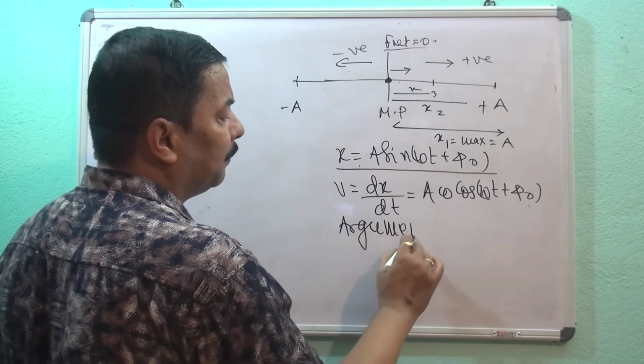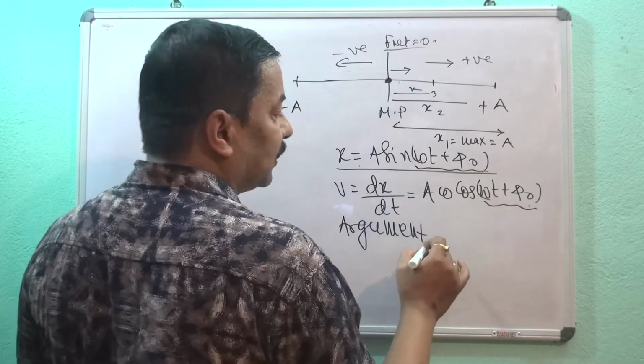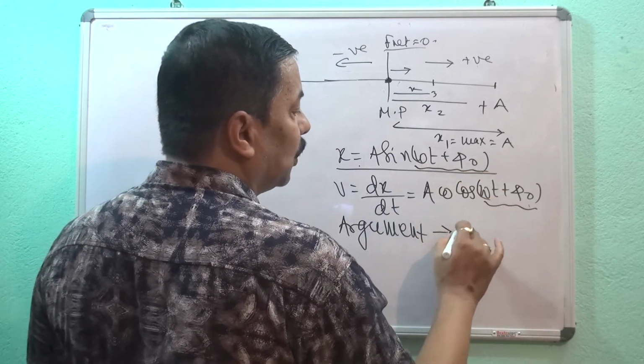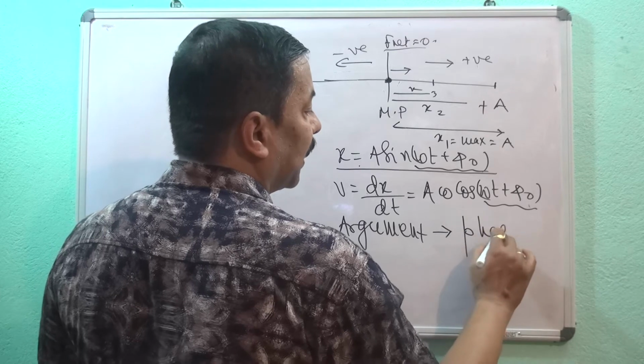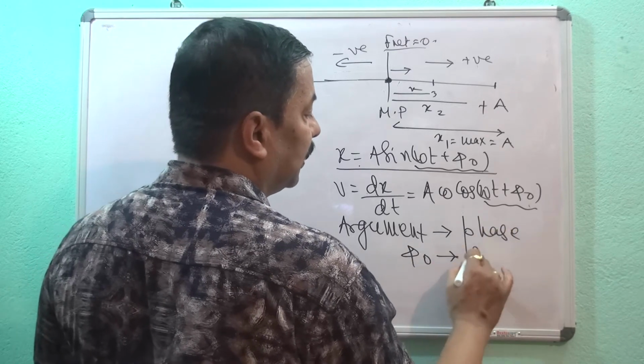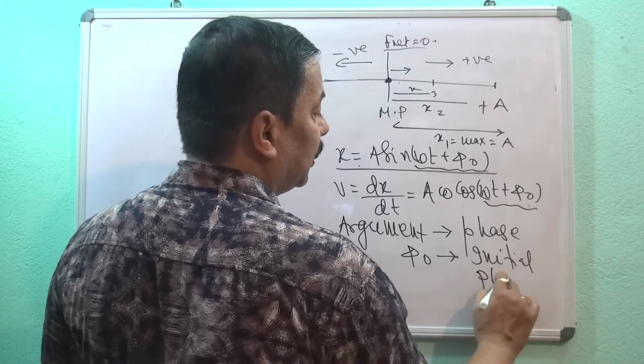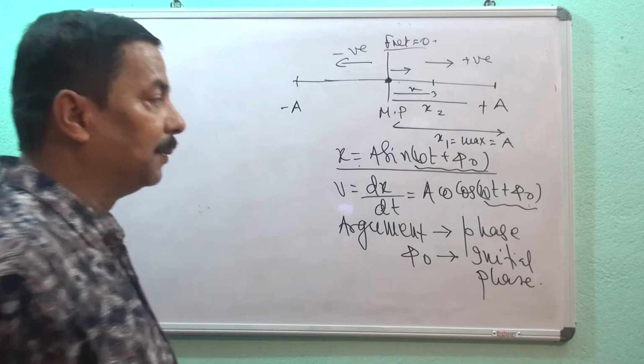What is the argument? The argument is this term inside the bracket. This argument is your phase, and this phi naught is called the initial phase. Only remember the name, then I will explain the meaning.